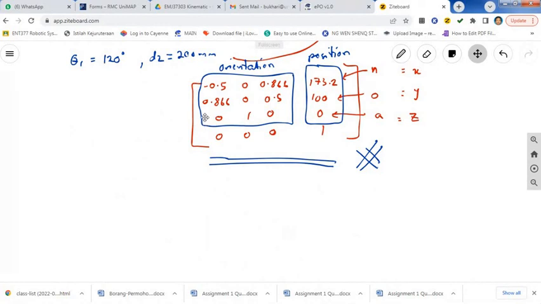Your orientation. So any time your robot rotates, your theta changes the value of your angle, so you will get a different coordinate.